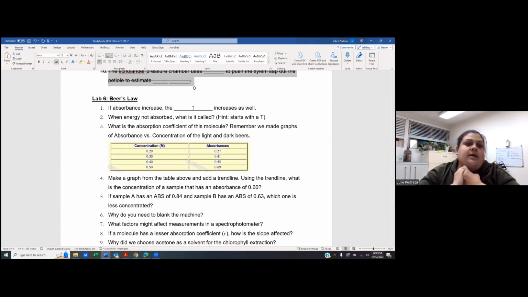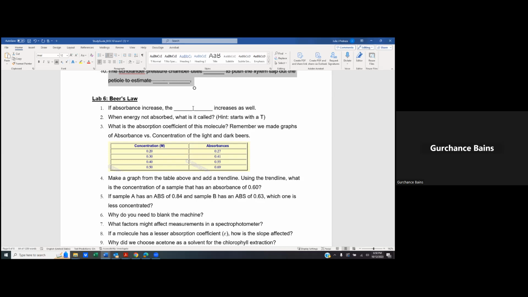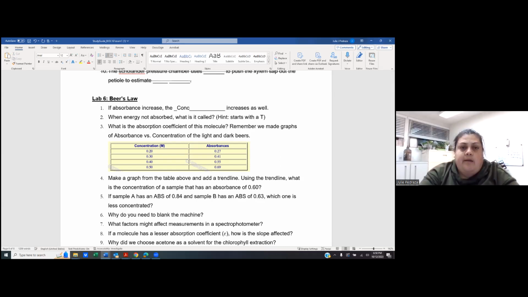It's saying that if absorbance increases, when we look at Beer's law, what else increases? So concentration? Correct. So they are parallel to each other, okay?